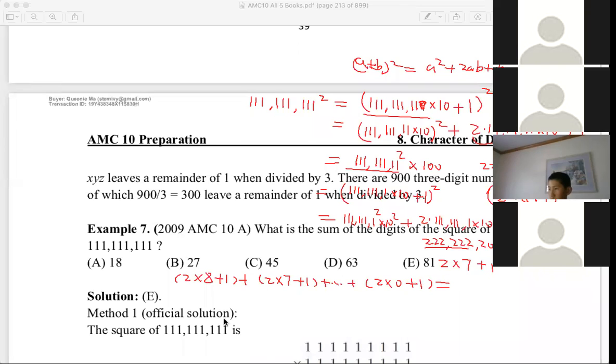Then you calculate this. To calculate this, we can take the common factor 2 out. You got that there will be 8 plus 7 plus 6 plus and so on plus 1. We take away this parenthesis, then that will be 1 plus 1 plus 1. How many ones?